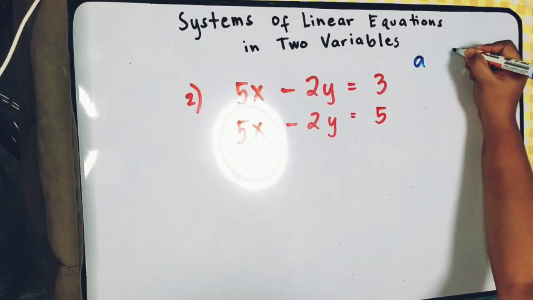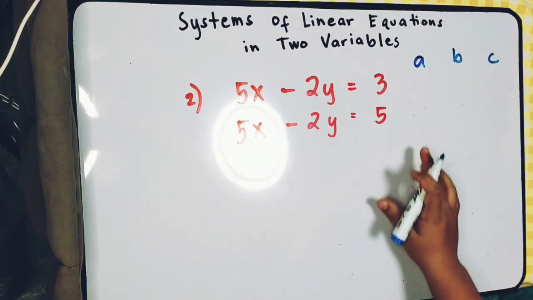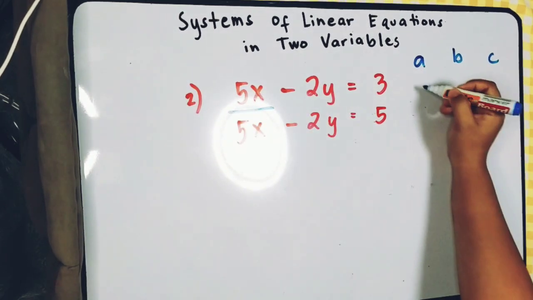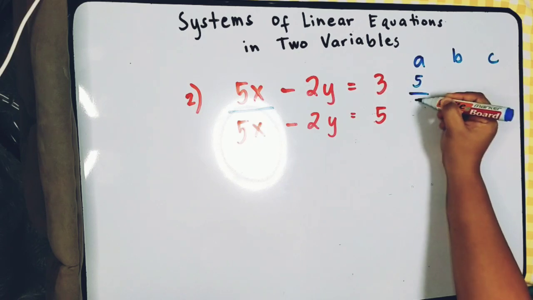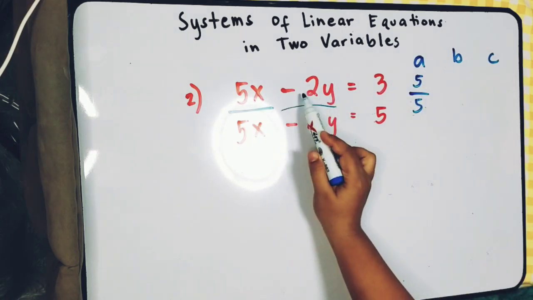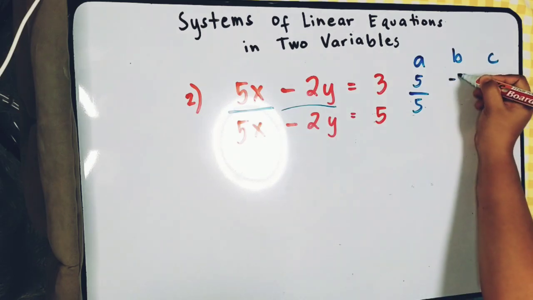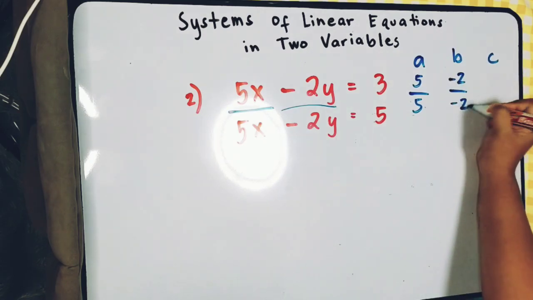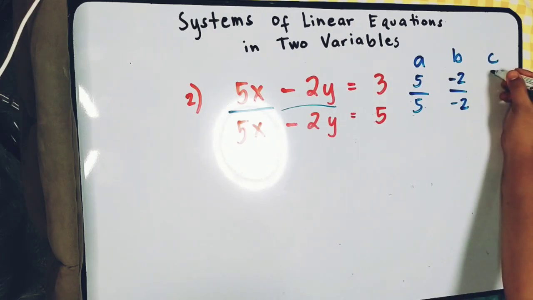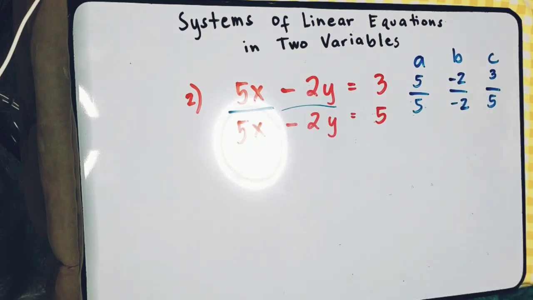So, A, B, and C. Ratio of A, that is 5 over 5. Ratio of B, that is negative 2 over negative 2. Ratio of C, that is 3 over 5.